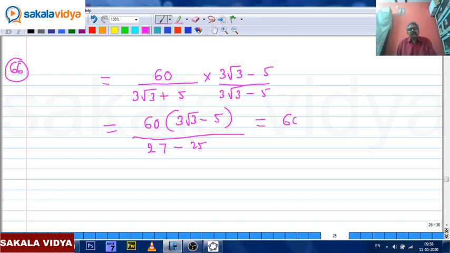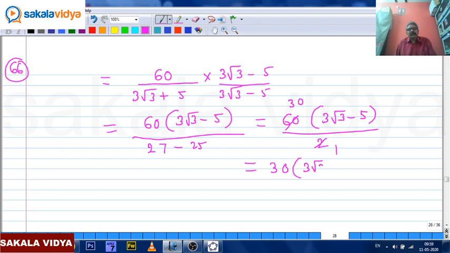So 60 into 3 root 3 minus 5 by 2, which gives 30 multiplied by 3 root 3 minus 5 units. This is the answer.